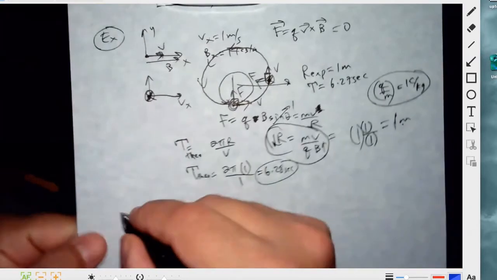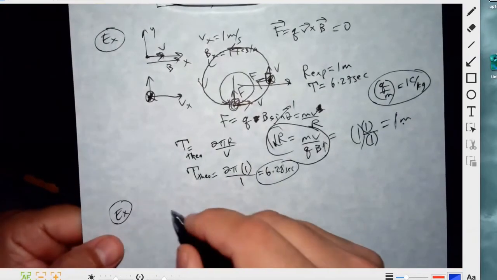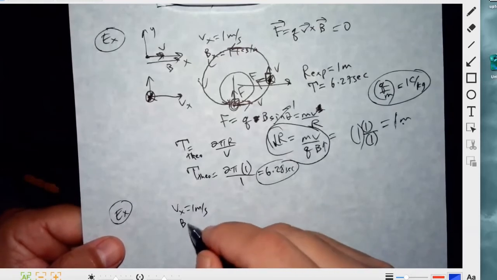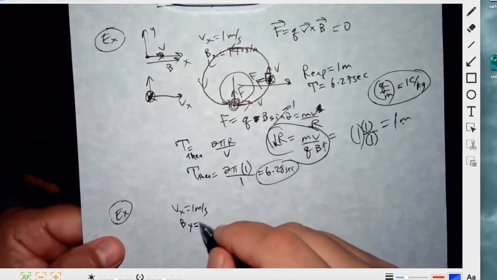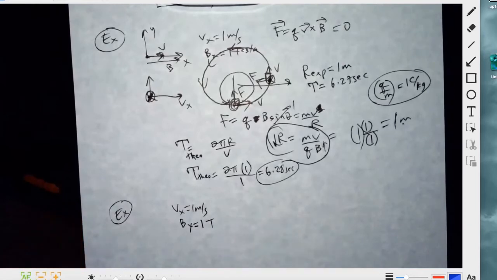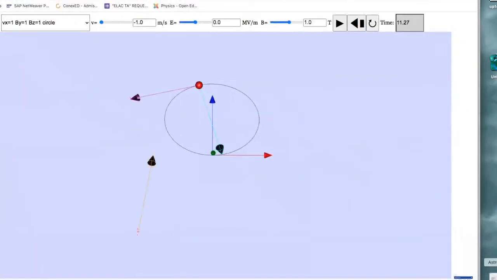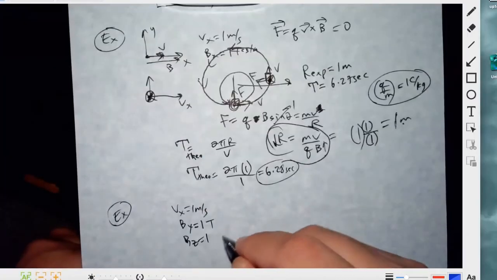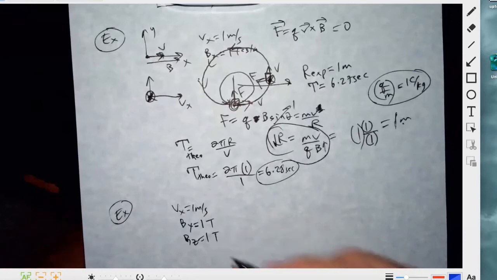So now in this case, what do we have? We have Vx is 1, Vy is 1, right? And then Bz is 1 also. Bz is 1 Tesla.